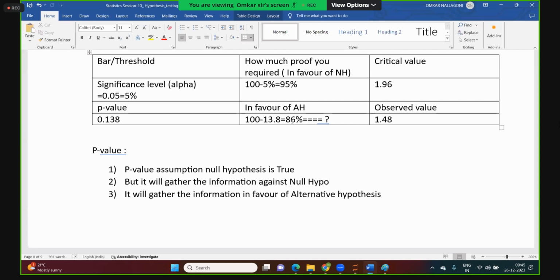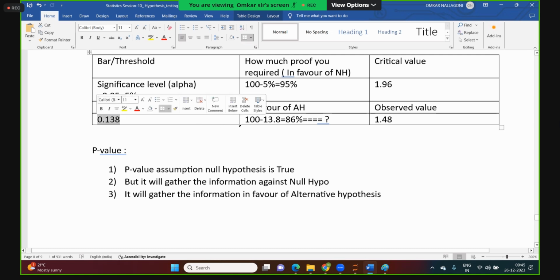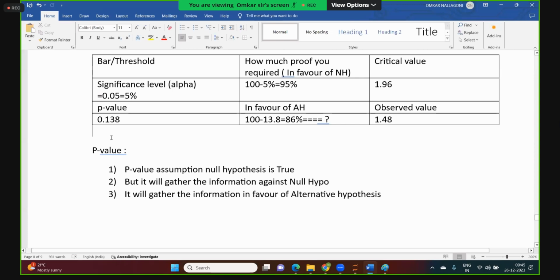Again, I am repeating. Very, very simple. By using the Z test, how much value are you getting? 1.48. For 1.48, what is your p-value? 13%. 13% means how much exactly? 86. But this 86 is in favor of whom? The alternative hypothesis. What is the null hypothesis here?